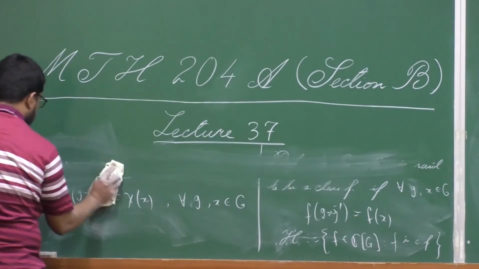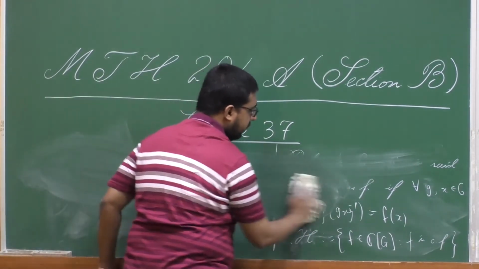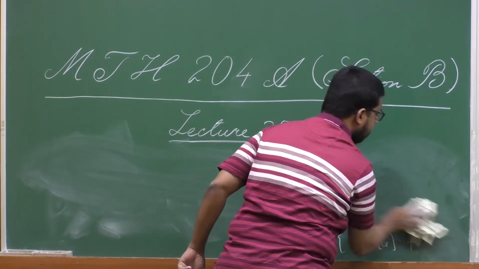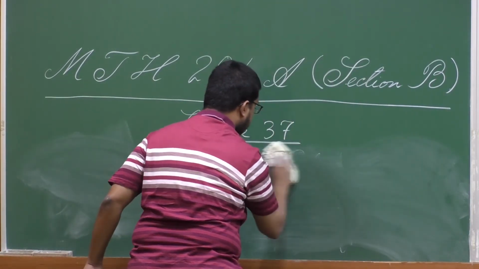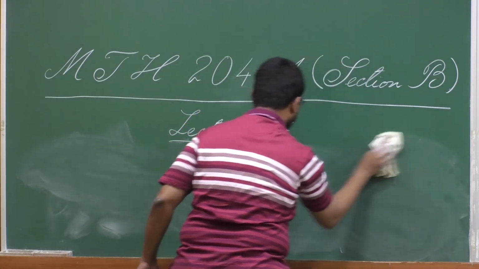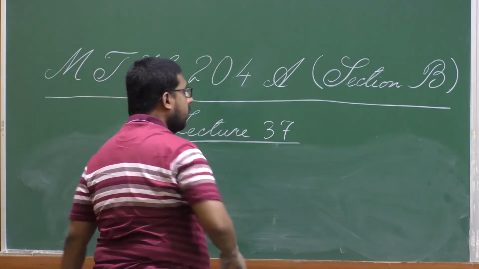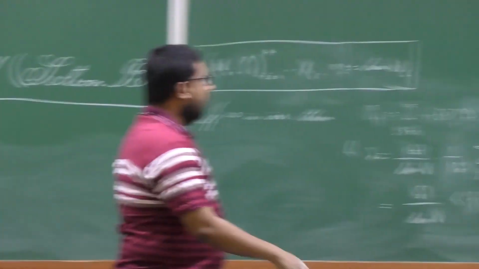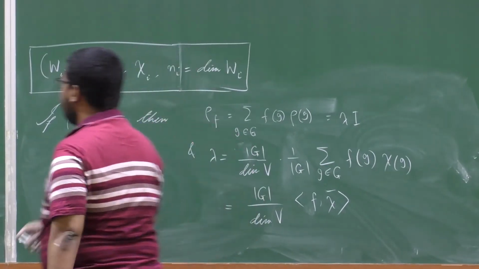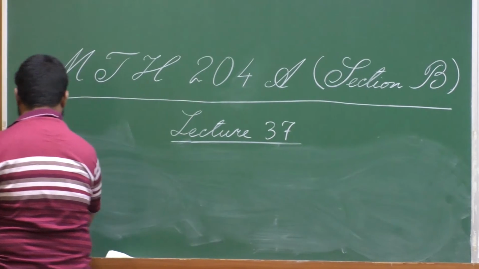Now, let me start the proof, and the proof is not long. In fact, once we make this observation, things are more or less there. We have already shown that this system is orthonormal.